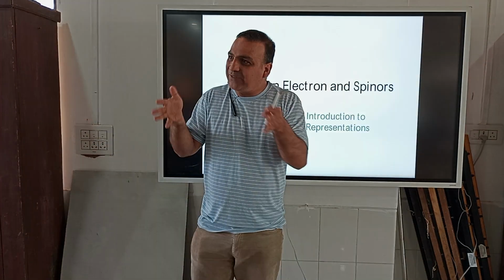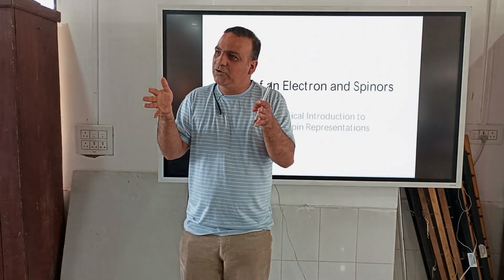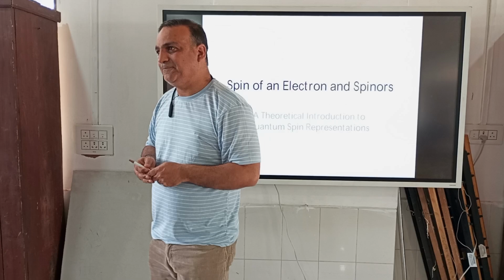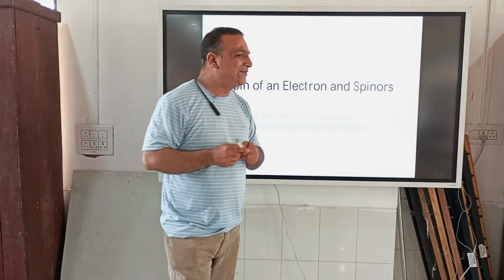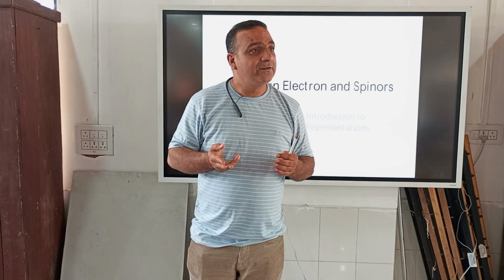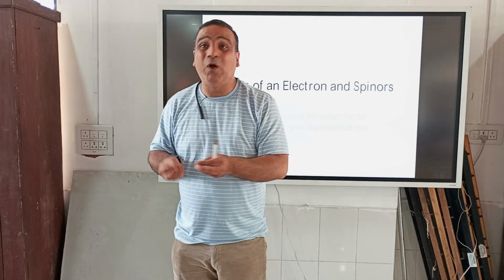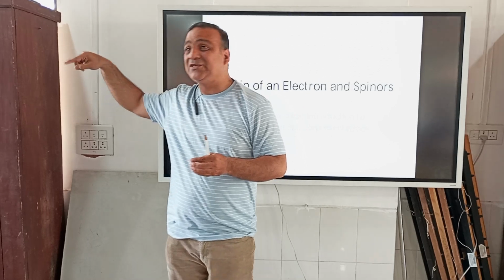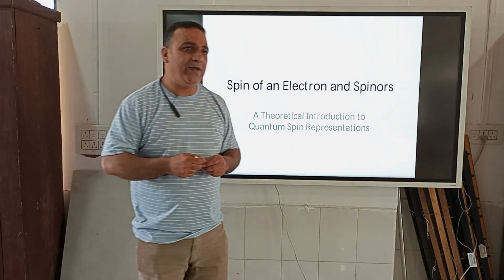And if you go back to the angular part of Schrodinger's equation, that leads to the quantization of angular momentum. And that angular momentum is given in terms of angular momentum quantum numbers. Capital L is under root of l times l plus 1 h bar, right?